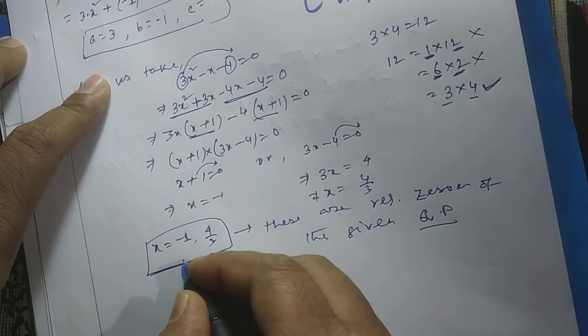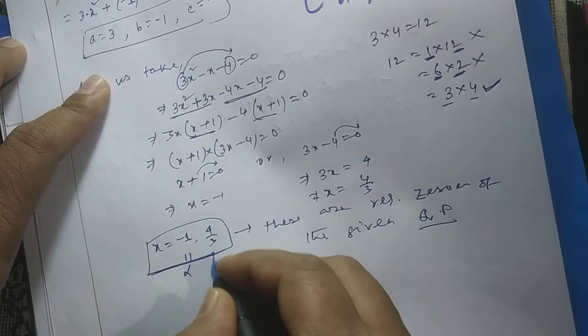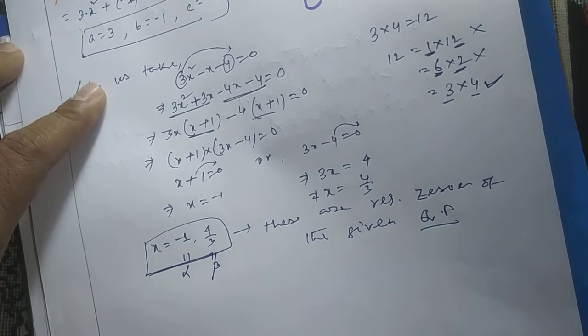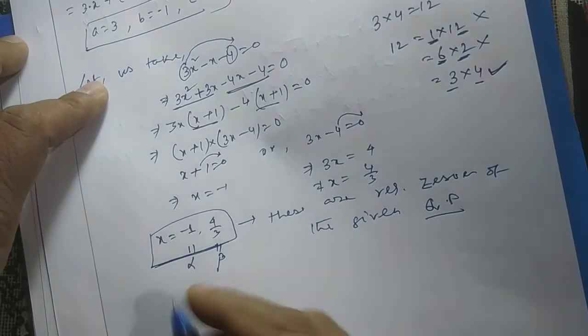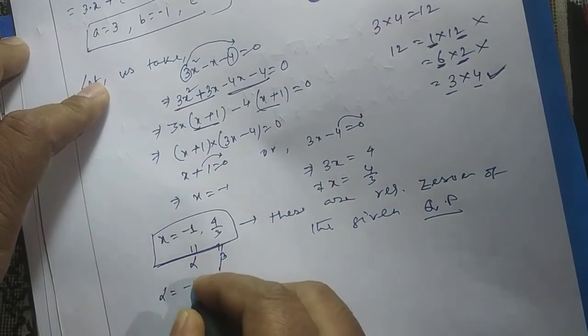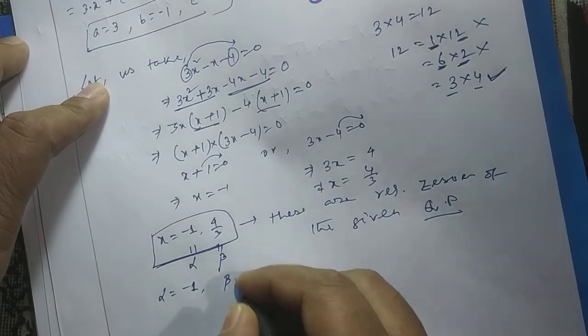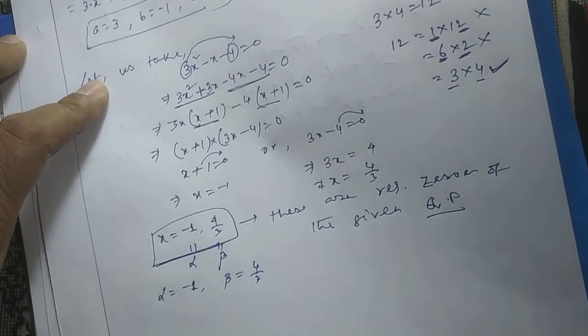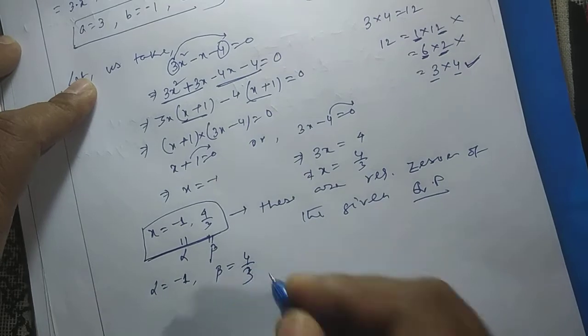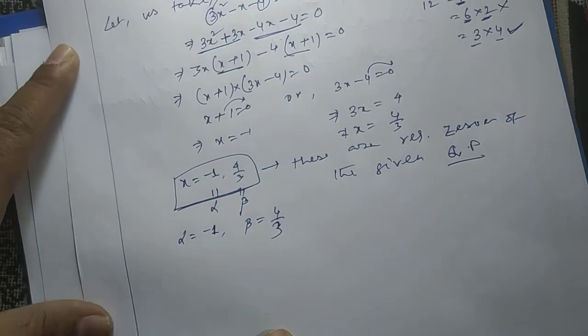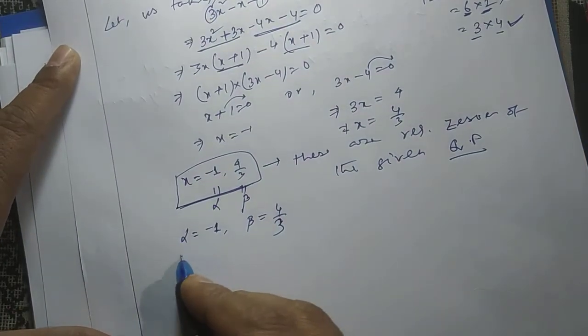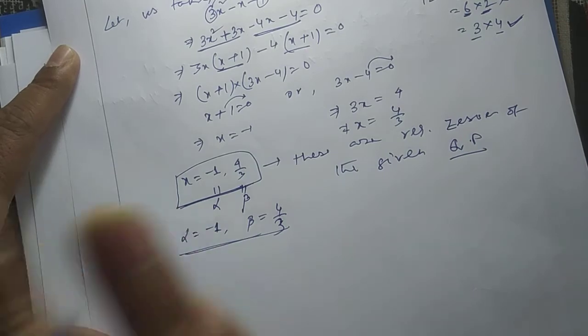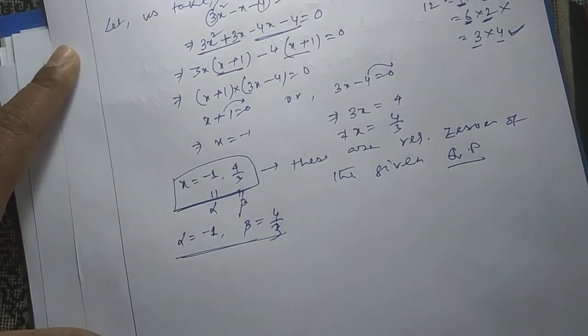Now let us give the name as alpha and beta like previous maths. So we can say alpha equal to minus 1, the first zero, and beta is the second zero, that is 4 by 3. 4 by 3, correct? So here we have found the zeros. My first part has been completed.